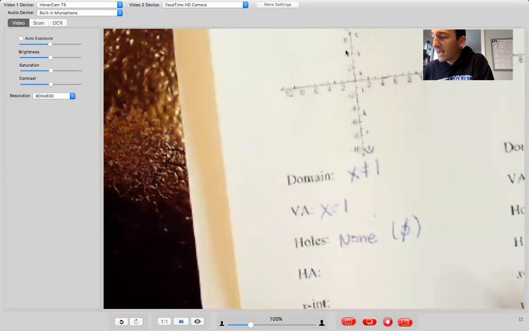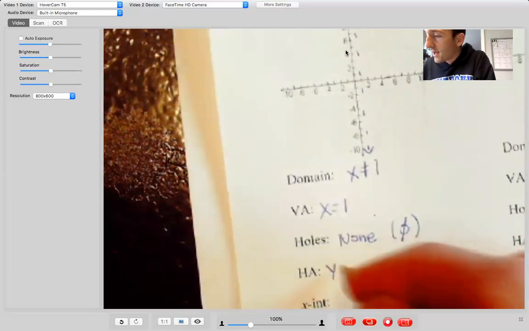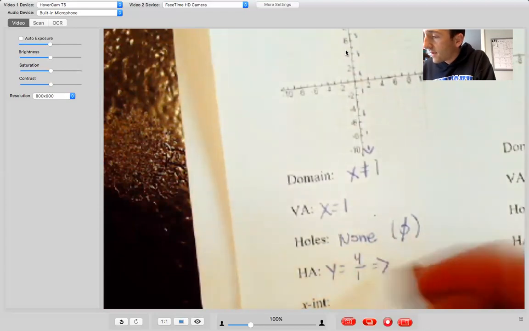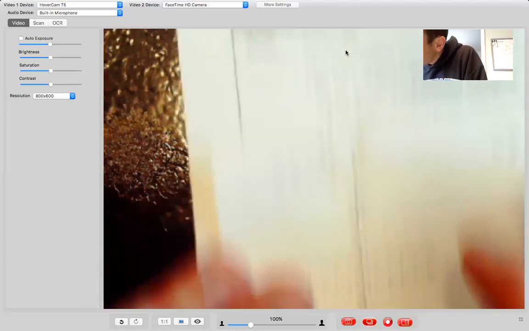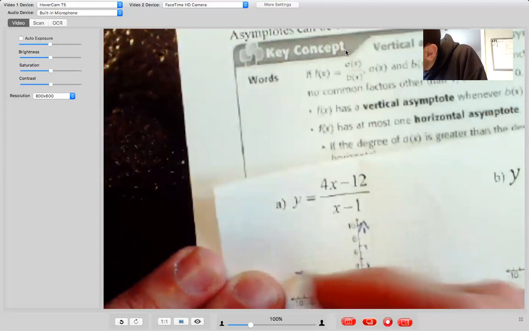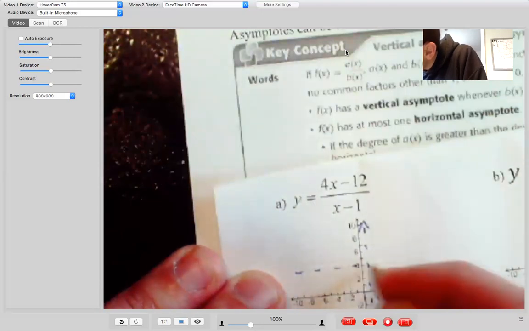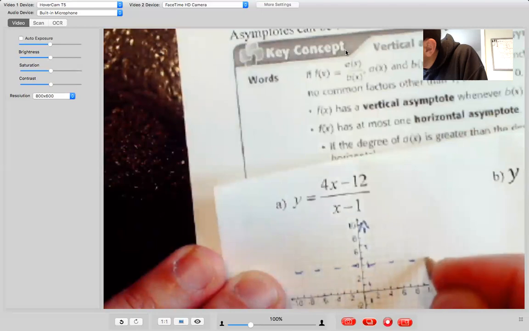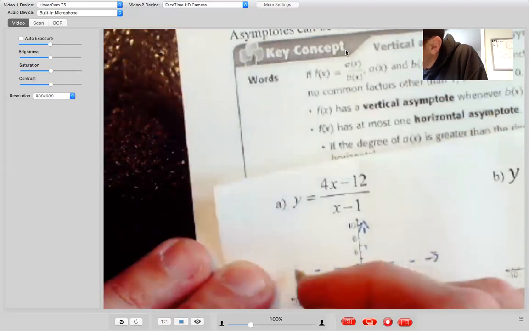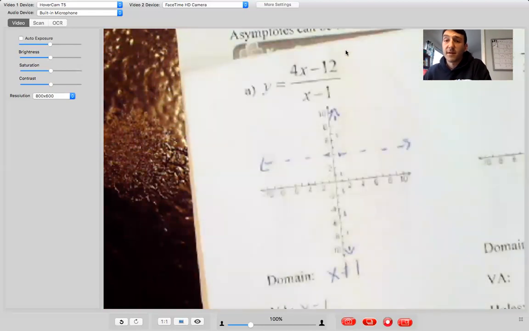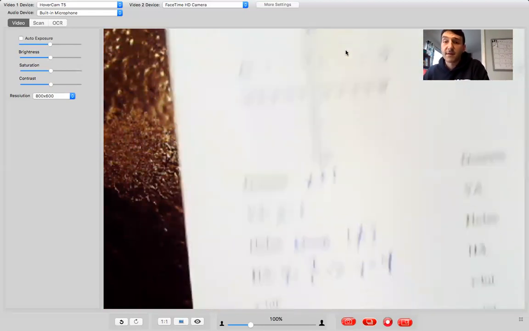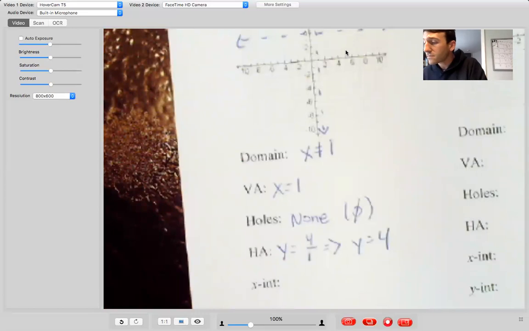So y equals, because it's a horizontal line, 4 over 1, which just simplifies to y equals 4. So I'm going to go ahead and put that on my graph as well. It's going to look like this. And it is key, guys, that you use a dotted line when you're doing your asymptote so that we understand that this is not actually part of the function. These are just kind of our guidelines, basically, is how you can think of them.